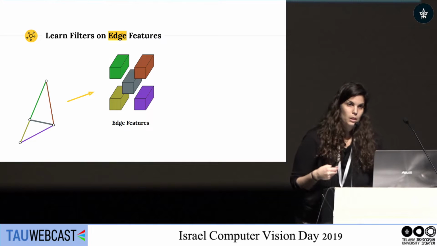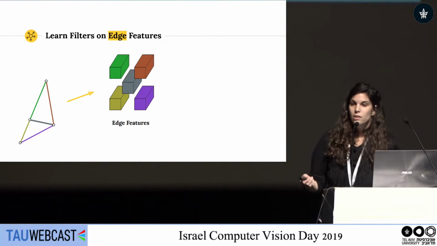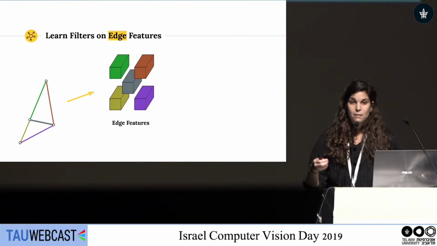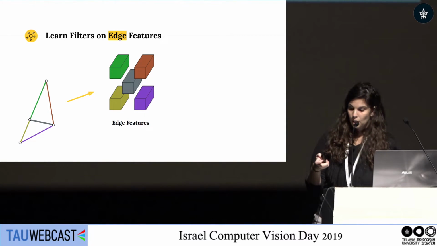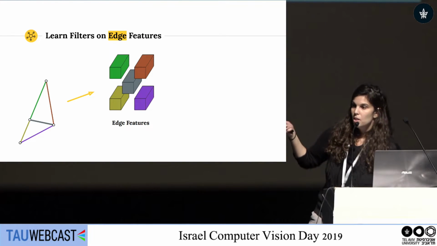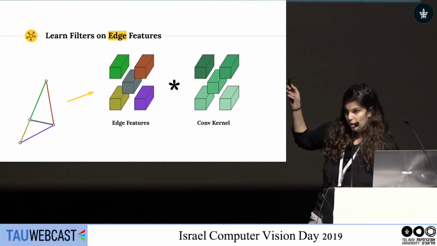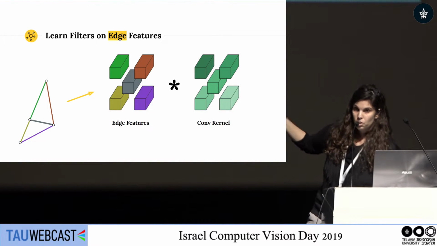In this work, edges of the mesh are like pixels in an image. Every single edge has an n-dimensional feature vector associated with it, and we want to learn convolutional kernels which are applied on each edge's n-dimensional feature vector and the 4 neighboring n-dimensional feature vectors of each of the neighboring edges.